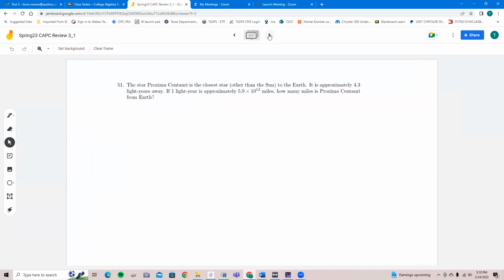The star Proxima Centauri is the closest star other than the sun to the Earth. It is approximately 4.3 light years away. If 1 light year is approximately 5.9 times 10 to the 12th miles, how many miles is Proxima Centauri from Earth? Okay, so we have the star as 4.3. Actually, let me start with the conversion factor.